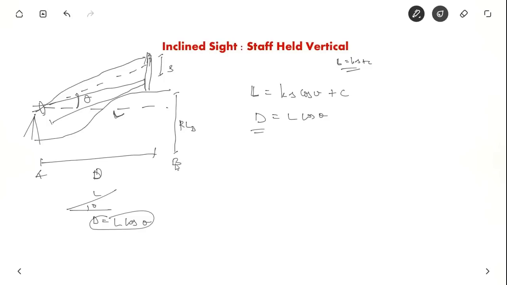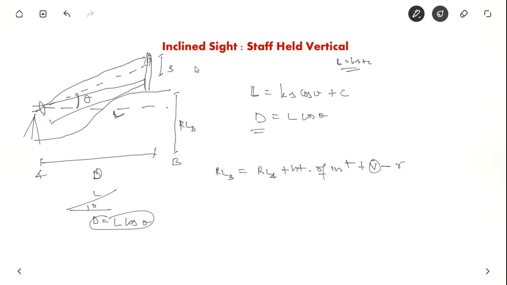Now we want to know the elevation of B, that is reduced level of B. So reduced level of B equal to reduced level of A plus height of instrument, so we want to know the vertical distance also here.